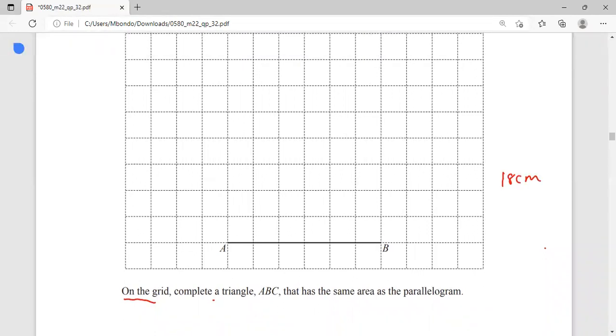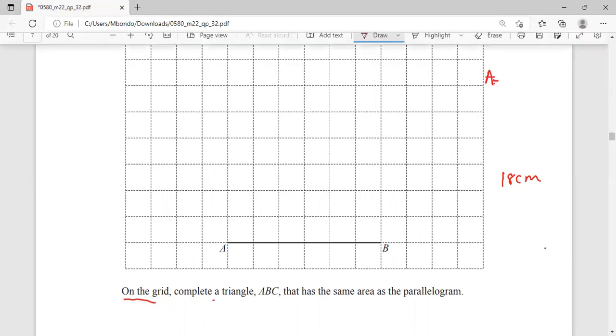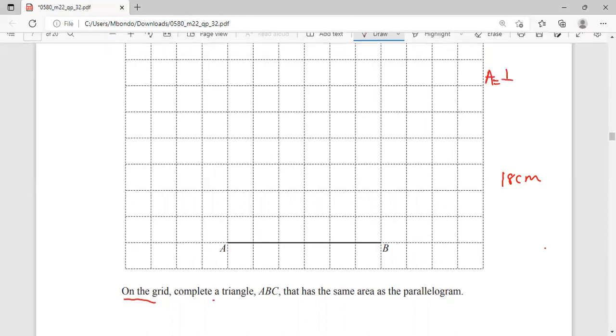Okay? Now, think of it. You remember what the formula for the area of a triangle is. If you don't remember, let me remind you. So the area of a triangle is found by the formula, this one here. Okay? This is the area of a triangle.